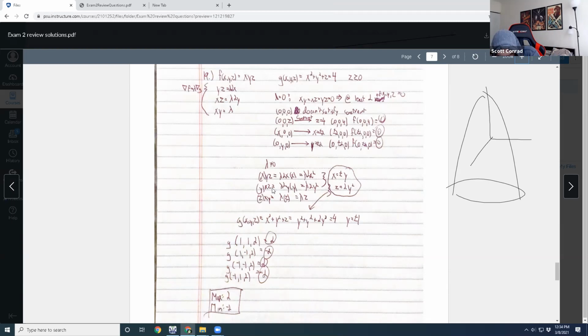Right, so we get x squared plus y squared plus 2y squared is 4, right? So y is plus or minus 1. Trying to think about what those points represent. Yeah, the z greater than or equal to 0 is needed here.